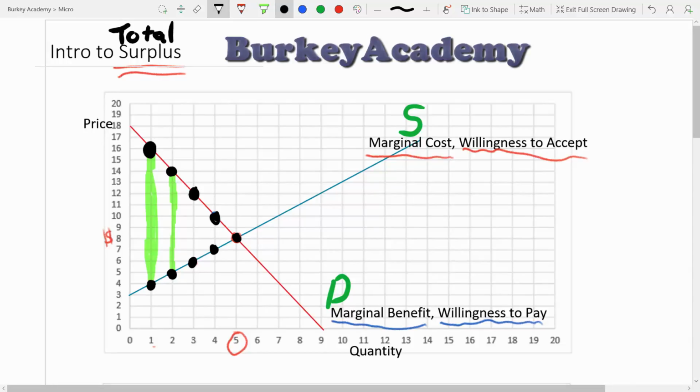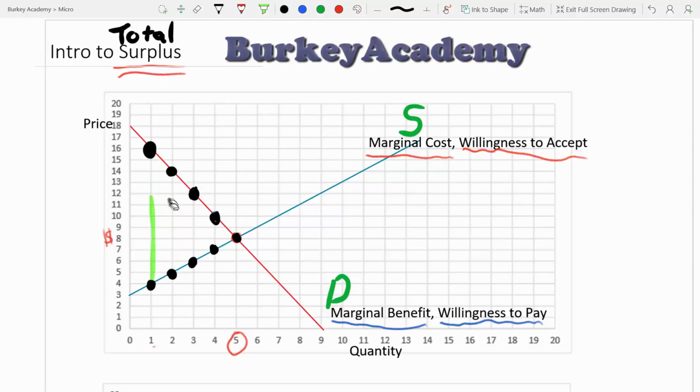So when we talk about the idea of total surplus, the total area is the easiest way to calculate it. Total area of the difference between the benefit and the cost, and so we could calculate the area of this pink triangle, and that would give us an estimate of the total surplus created in this market.